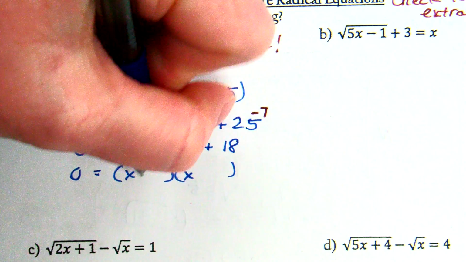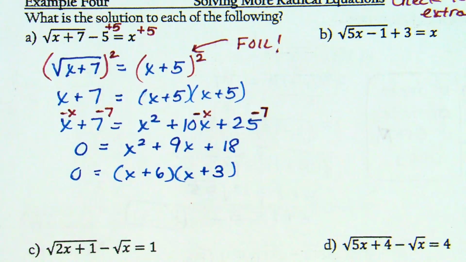So we've got an x plus 6 and an x plus 3. I've got 2 parentheses multiplying to equal 0. Watch my step.